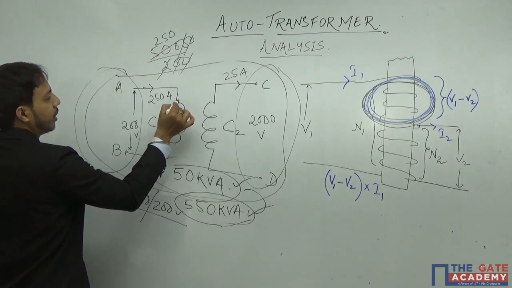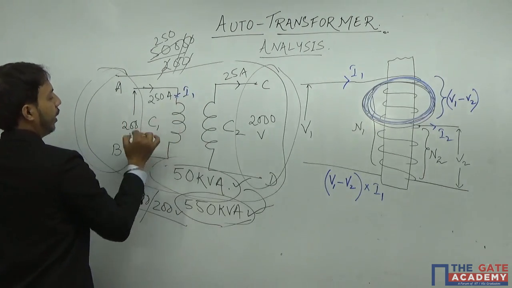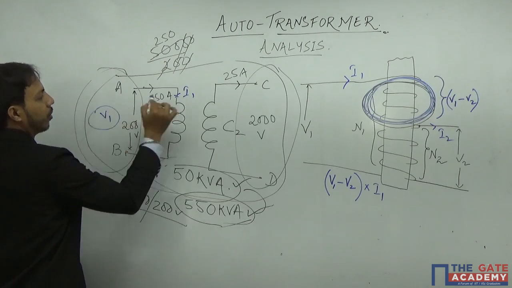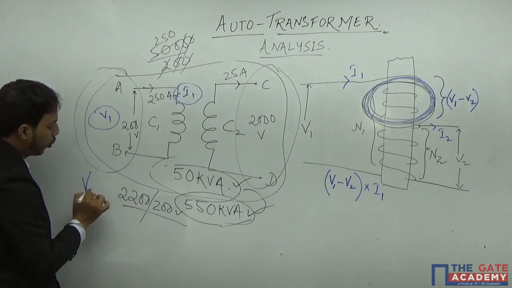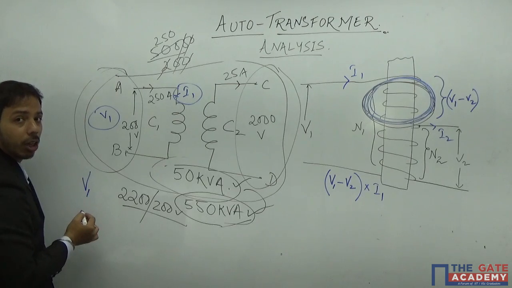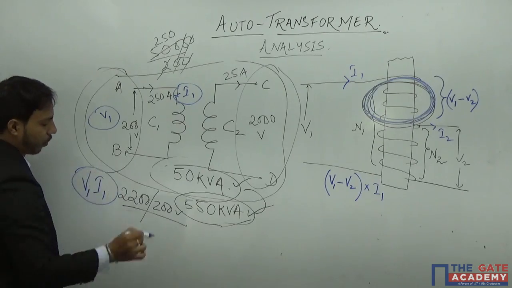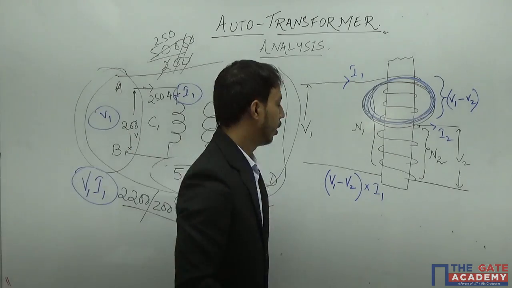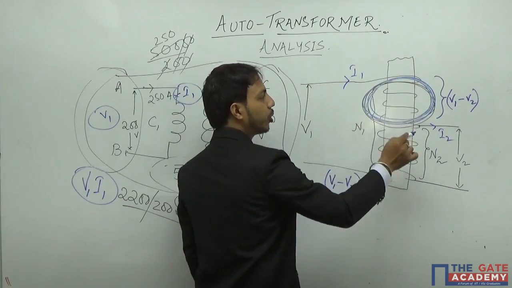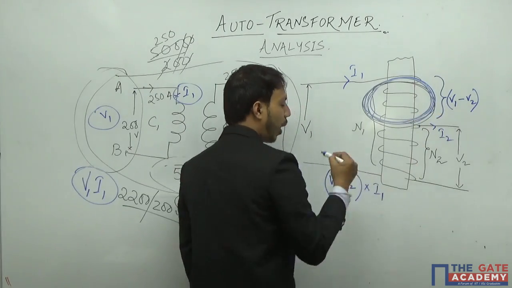If I have, say, V1, this is I1 and this is V1. So here in this two-winding transformer, the volt ampere which is getting transformed is V1 I1. Whereas here the volt ampere which is getting transformed is V1 minus V2 into I1.